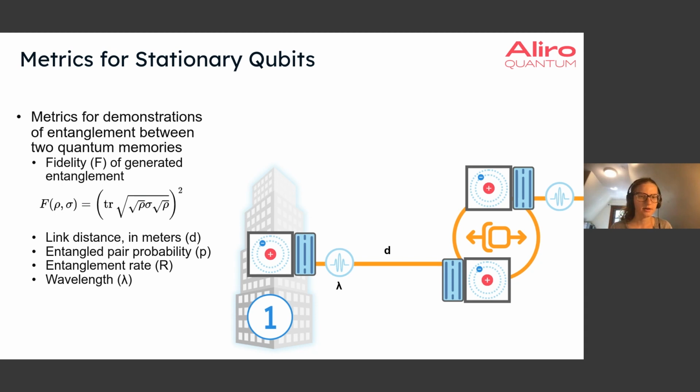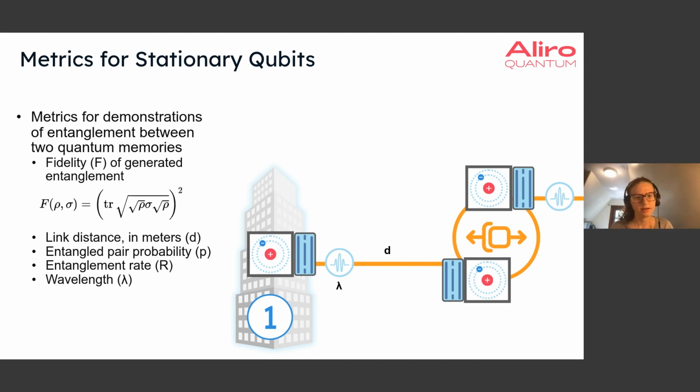So some metrics that are important for demonstrations of entanglement between two quantum memories include the fidelity of the generated entanglement. On the most basic level, the fidelity will tell you how good your entanglement is. So higher fidelity will mean better entanglement.